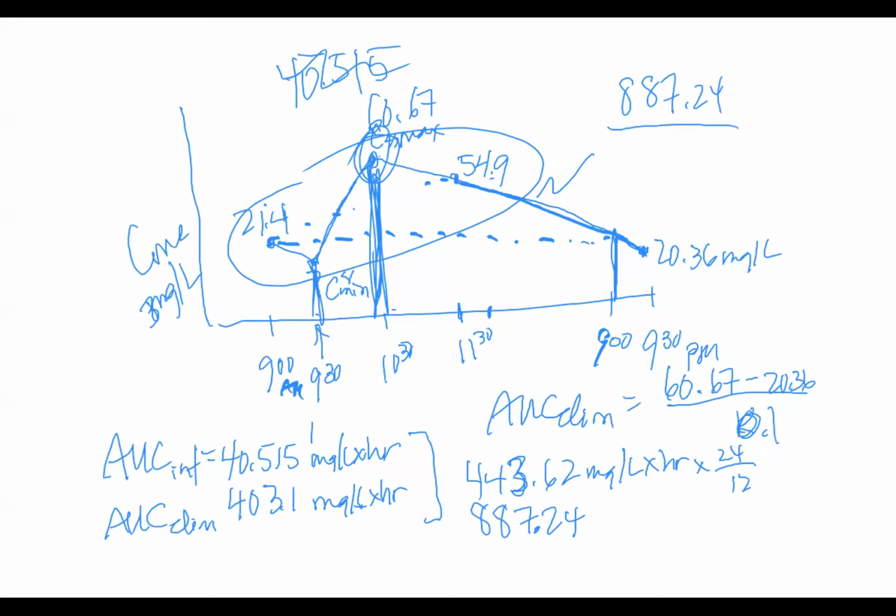So when we're giving 2 grams per day, we're getting 887, and we want to shoot for 500, right?